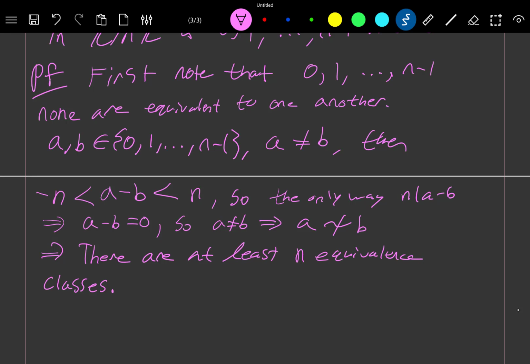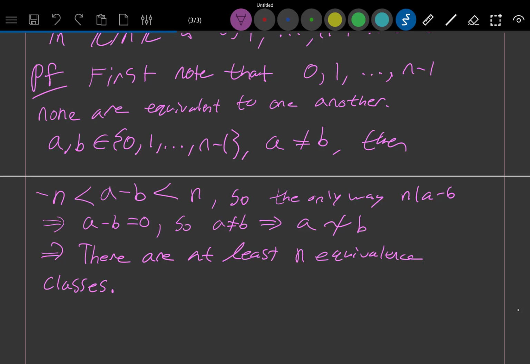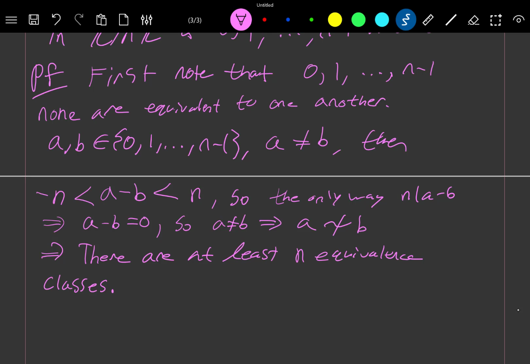But now we need to show that we have at most n equivalence classes. To do that, we pick some element, say x in the integers.